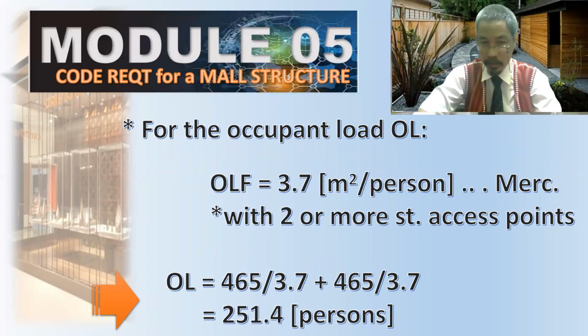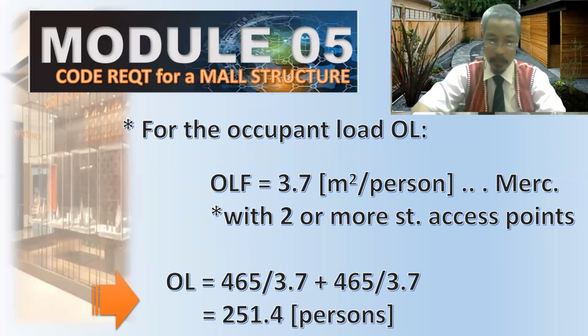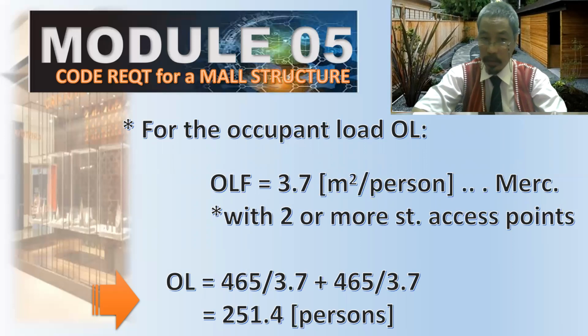And because of that, we can compute occupant load equal to 465 divided by 3.7 for the first floor plus 465 divided by 3.7 for the second floor. This is equal to 251.4 persons, or we can use 252 persons because there's no decimal place for number of persons.